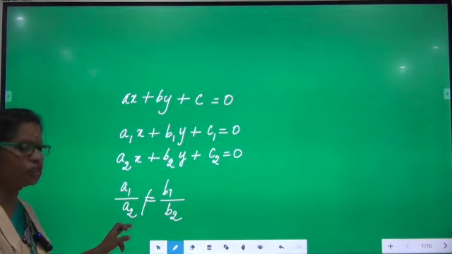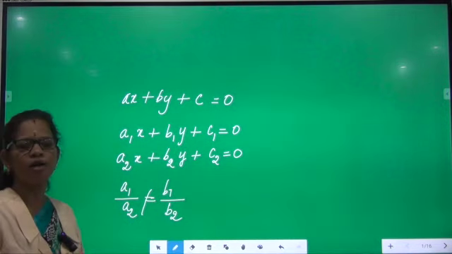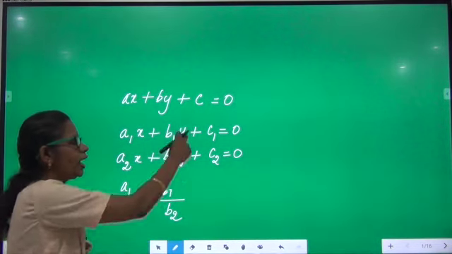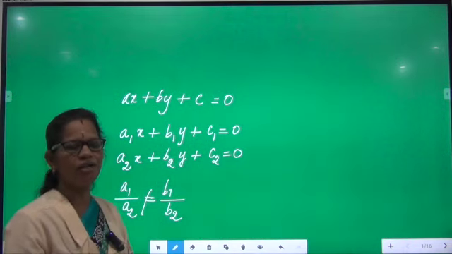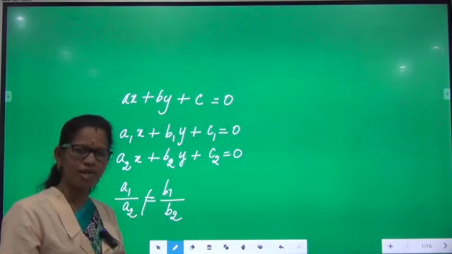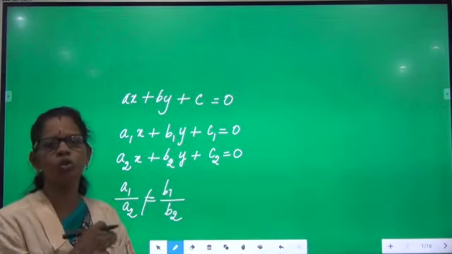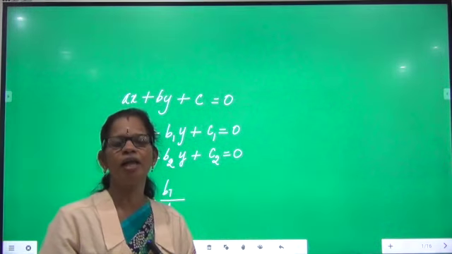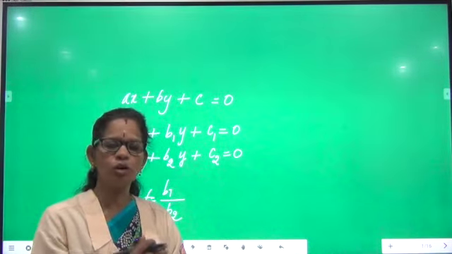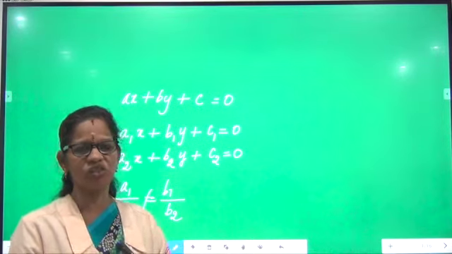When I wrote the condition, it represents what? The two given lines are intersecting. If they intersect, you will get a unique solution. Then you can say the system of equations is consistent.